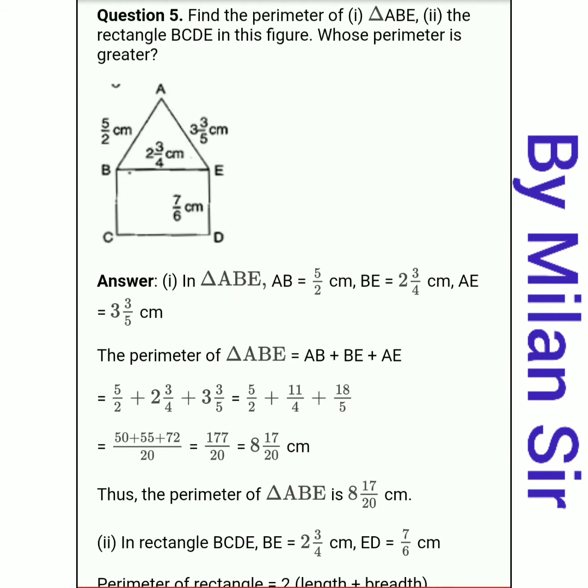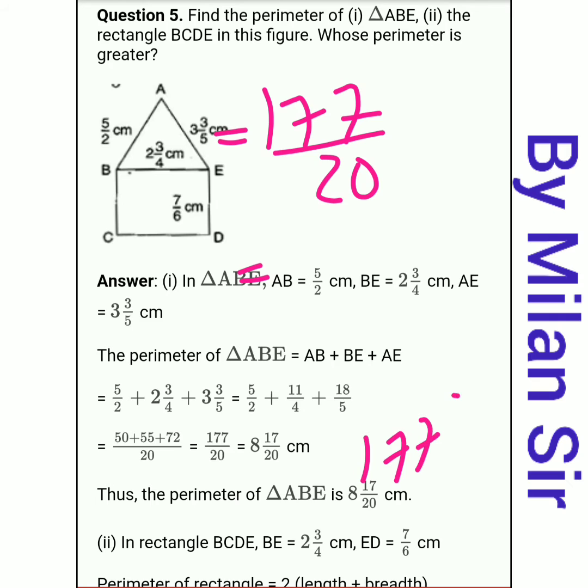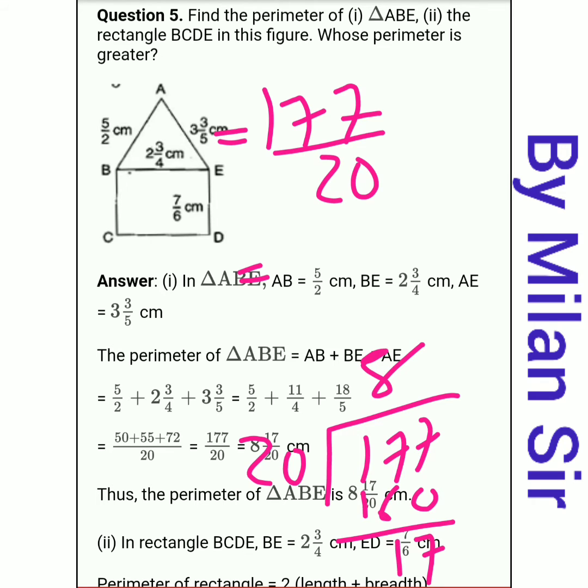So here 177 upon 20, this is an improper fraction. We can convert it into a mixed fraction. So just divide 177 by 20. 20 9s are 180, so we take 8, 20 8s are 160, the remainder is 17.